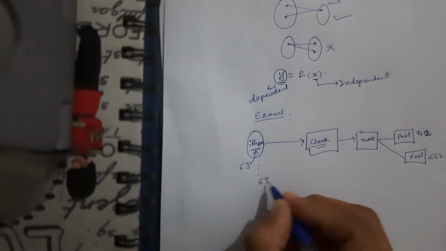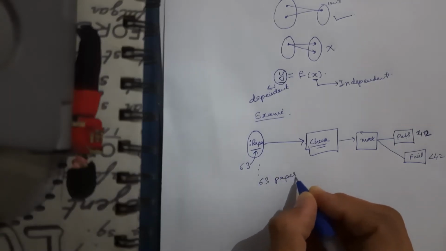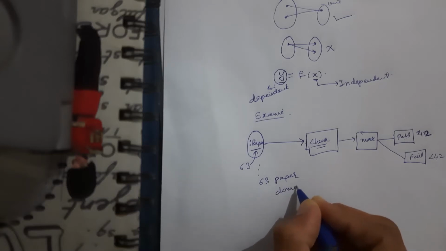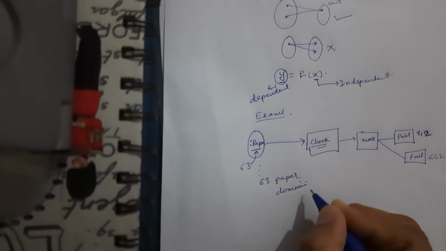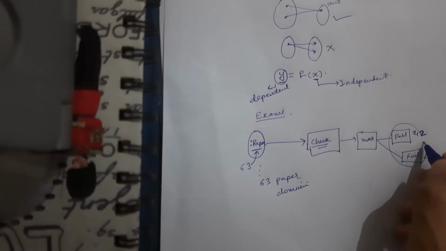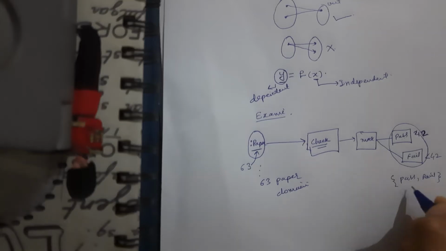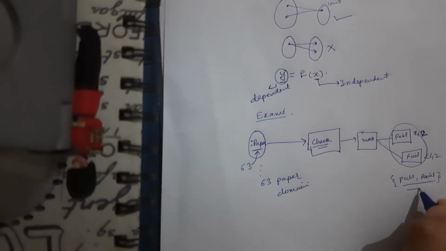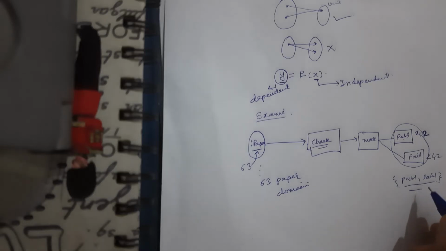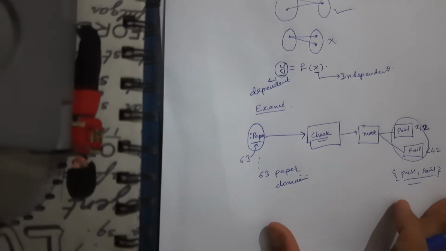All these 63 papers are nothing but the domain of this function. And what is the codomain of this function? It is pass or fail. So pass, fail, these two values are the codomain of the function. And this is also the range or image because only two values are there and both we are going to use. That's how the function is.